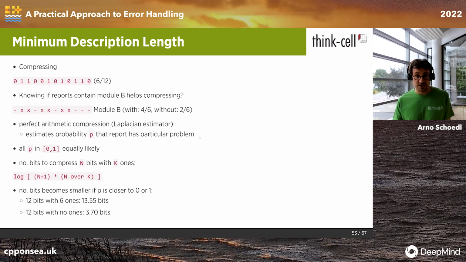Just to illustrate what that means, the number of bits becomes smaller if p is closer to 0 or 1. So if you have 12 bits with 6 ones, you need 13.55 bits. If you have 12 bits with no ones at all, it only takes 3.7 bits to transmit. Now, why is 13.55 bits more than the 12 bits you originally needed? Well, that's always the case.